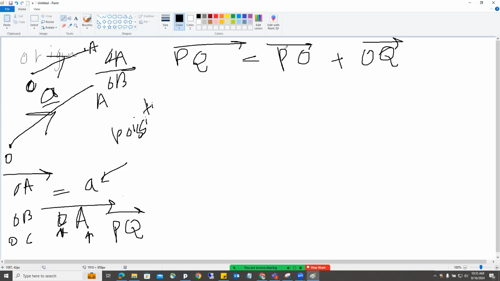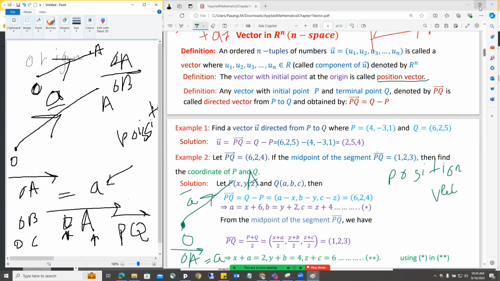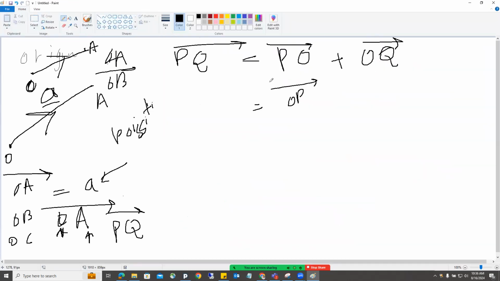It is better to keep it like OP as well. What's the reason? OP means the position vector, and it should always start with the origin. So here you can use OP.